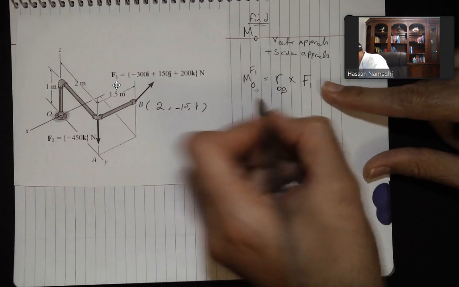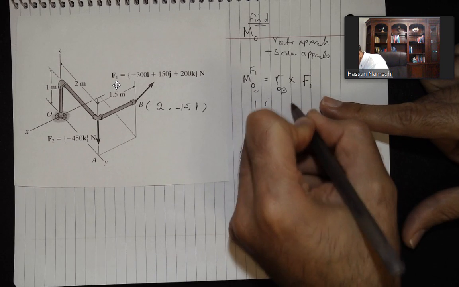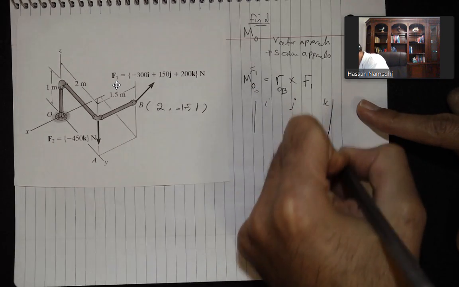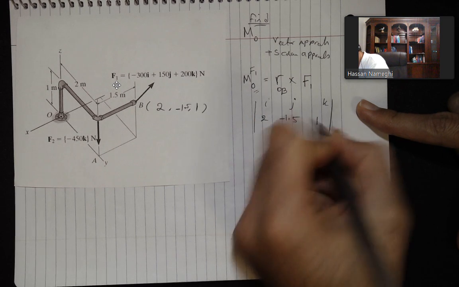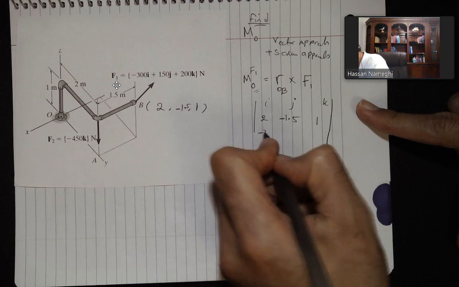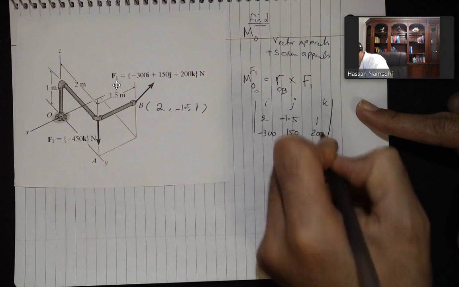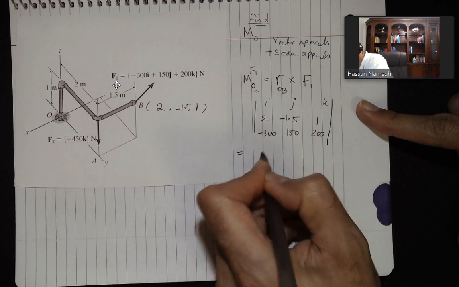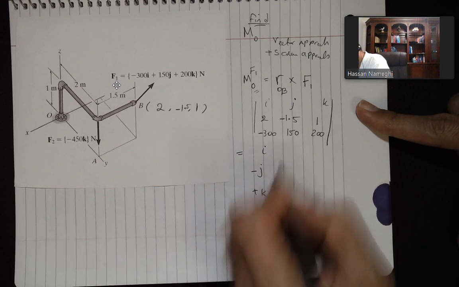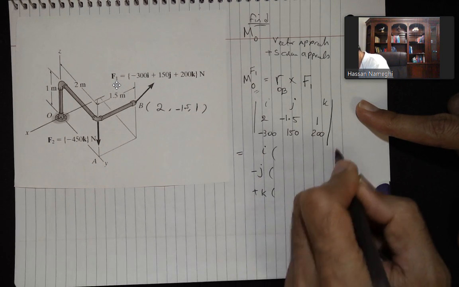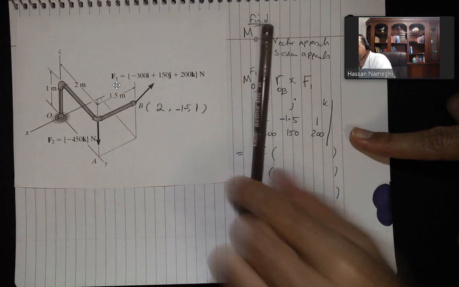So let's do that. I'm going to get ROB, which is 2, minus 1.5, 1, and F1 is minus 300, 150, and 200. So this will be equal to i, j, k, and then I can simply do it like this. On the i, I cover i.